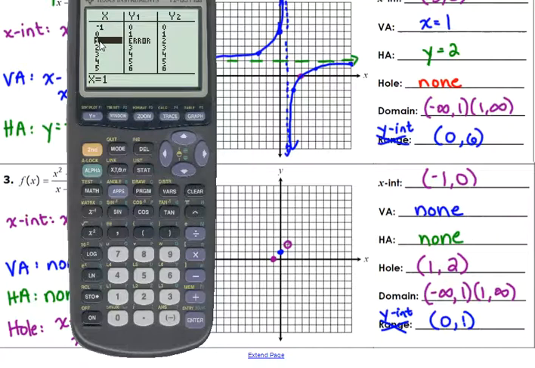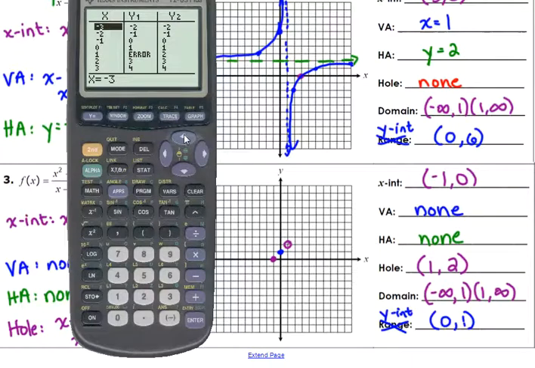Our hole at 1, in the original, it gives me an error, right? Because it caused me to have 0 over 0. That's what's supposed to happen. In the simplified version, look, that's the y value that we found. So that's why it's handy when you're doing this to plug in the original and your simplified version, because it will give you the value that you need there. 0, 1 for our y-intercept.